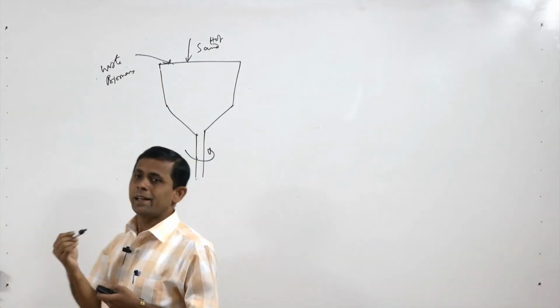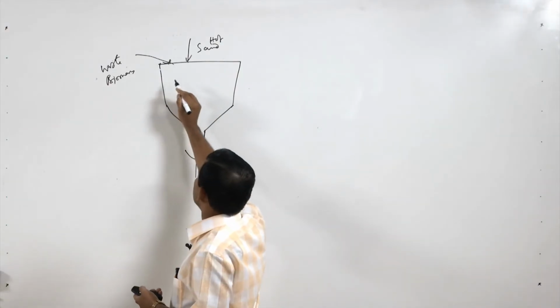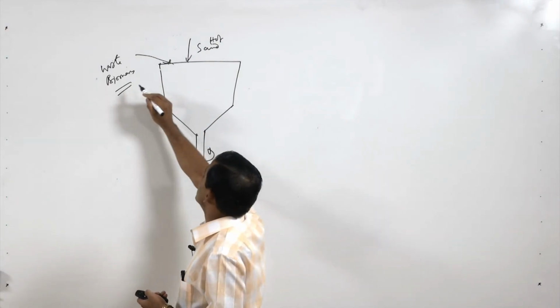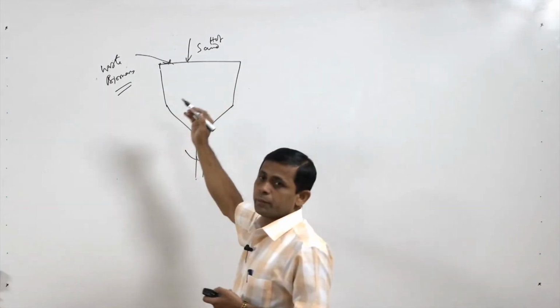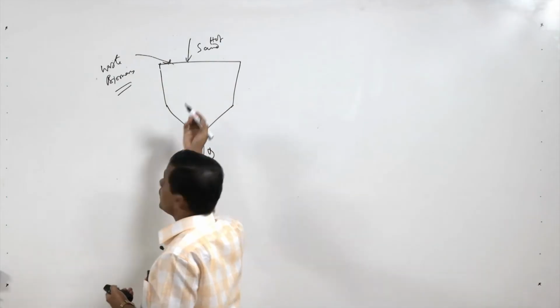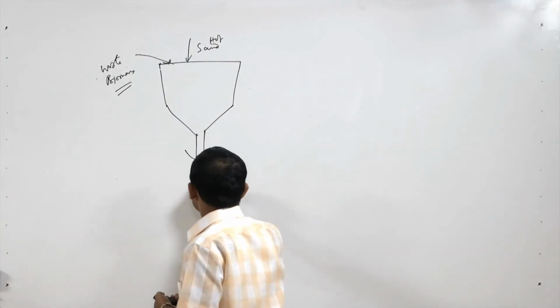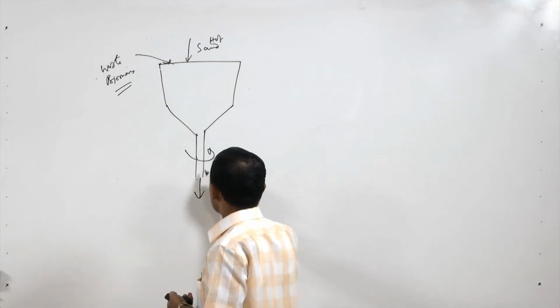There is some centrifugal action on it, so the waste biomass and hot sand get mixed. So, heat transfer is very fast, as hot sand is used, and the product comes out from the bottom.